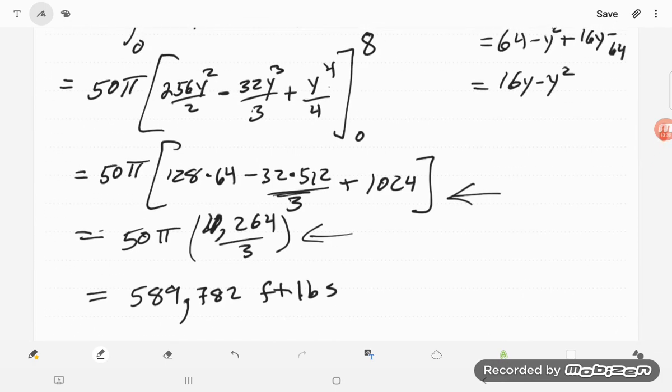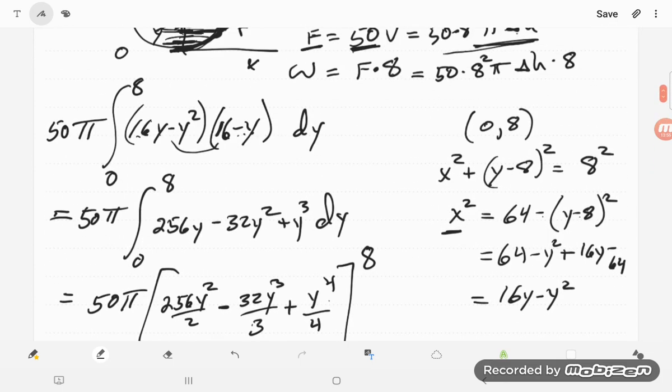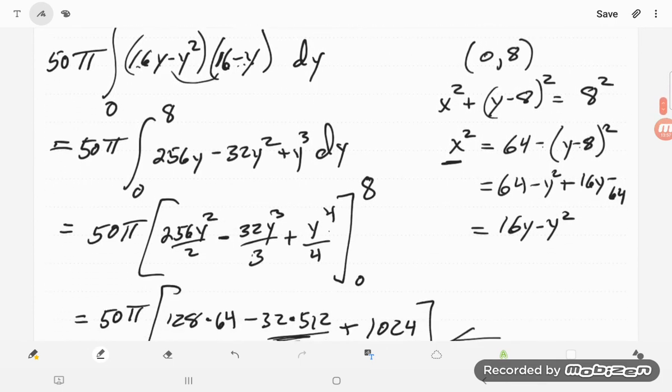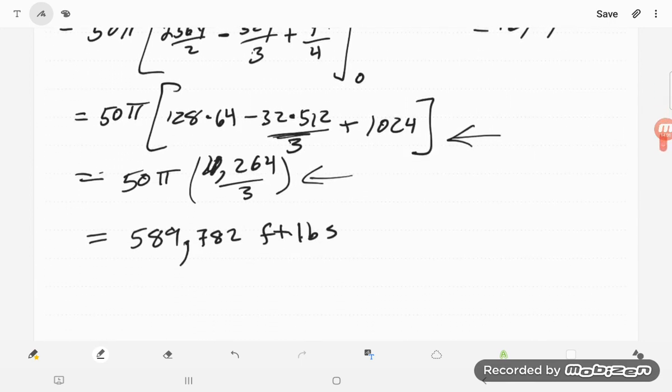Usually the delta, that small piece, comes from the movement along that piece, right? So our force times delta x. But in this case, the force incorporated that delta h, and then we had some other items for the length that we had to move something. So there's example 4.